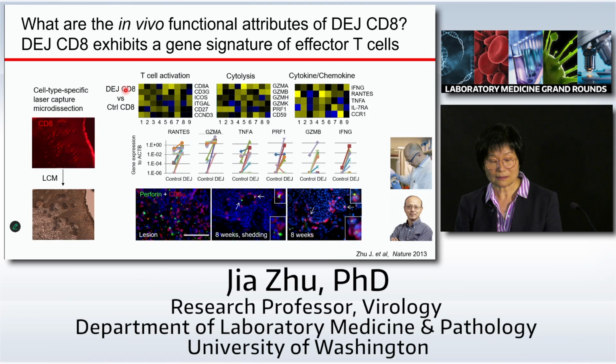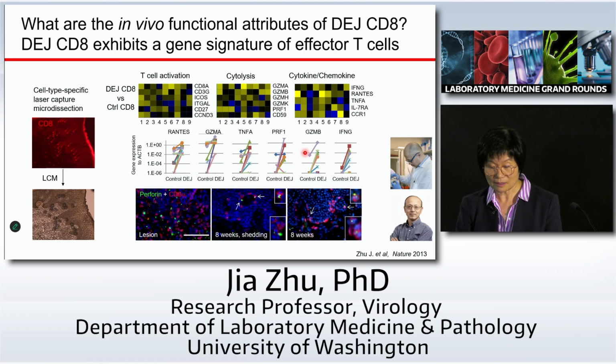And we showed that DEJ CD8 T cells expressed high levels of signature genes in T cell activation, cytolytic function, and cytokine and chemokine expression. So indeed, the upregulation of interferon gamma, TNF alpha, RANTES, along with perforin and granzymes, really indicates those DEJ CD8 T cells are effector T cells.